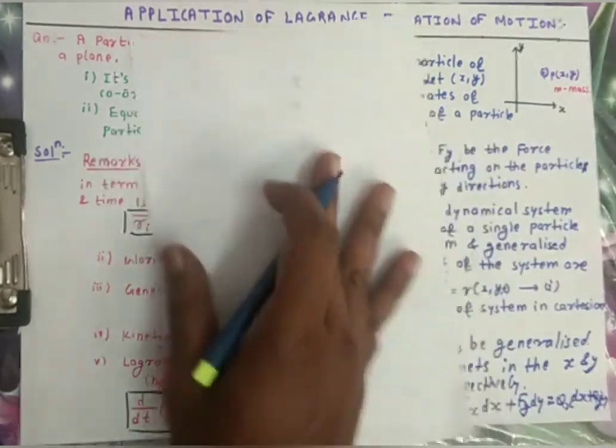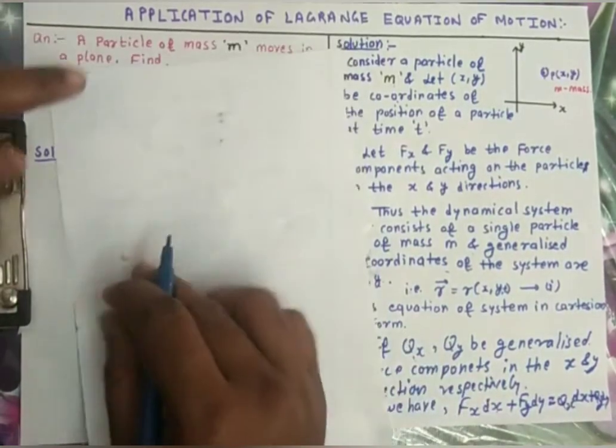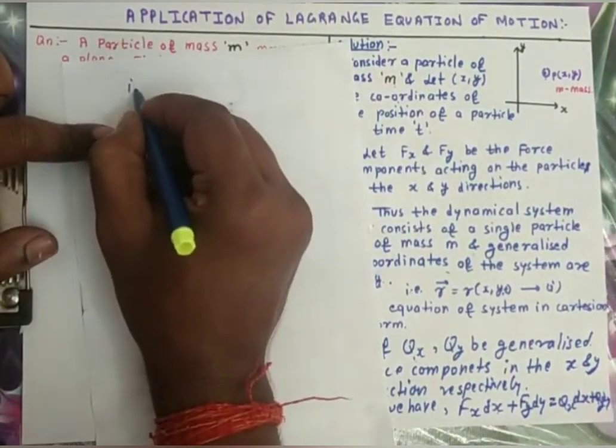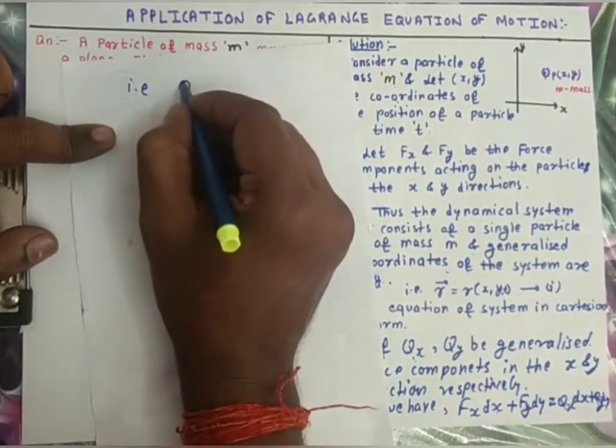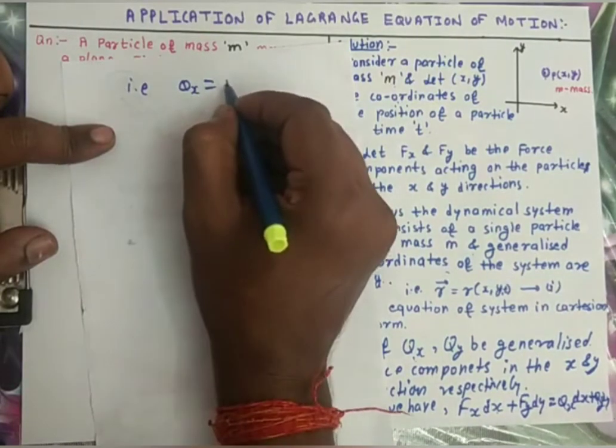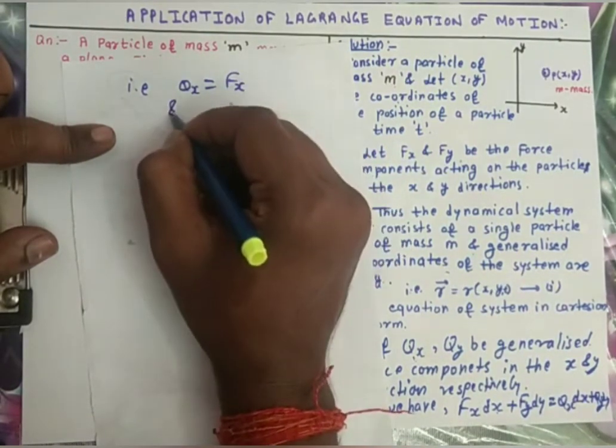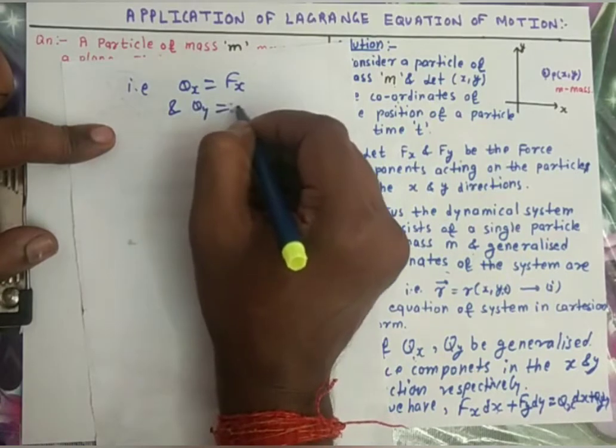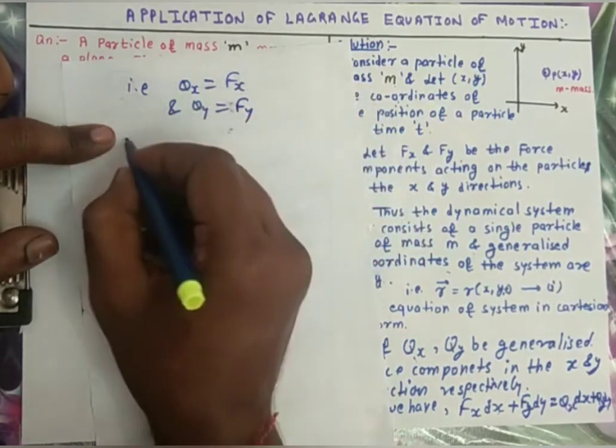That is, Qx is equal to Fx and Qy is equal to Fy.